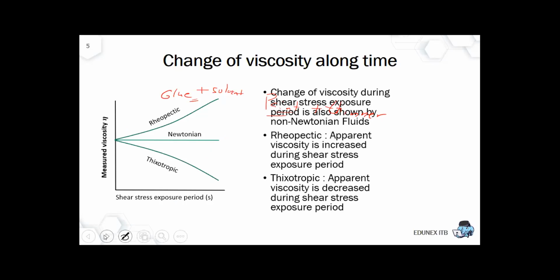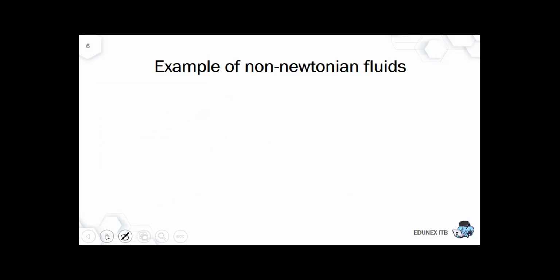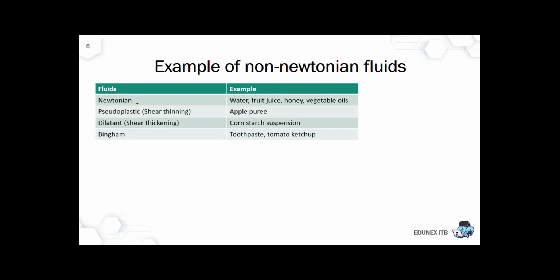So, examples of fluids. Newtonian: water, fruit juice, honey. Honey is categorized as Newtonian. I almost couldn't believe it myself, but honey is Newtonian, although its viscosity is quite high. Also vegetable oils.